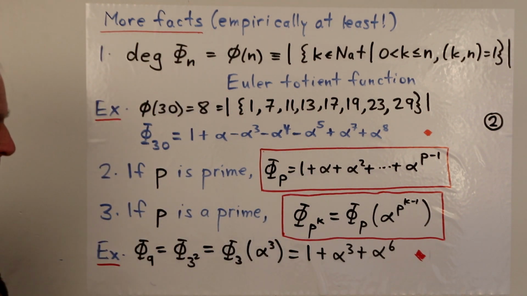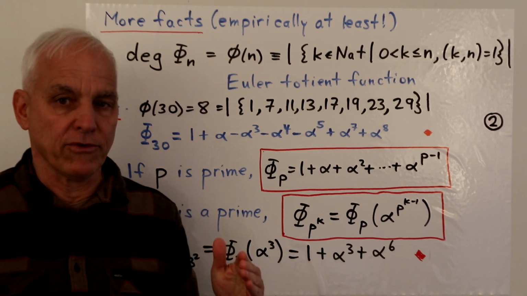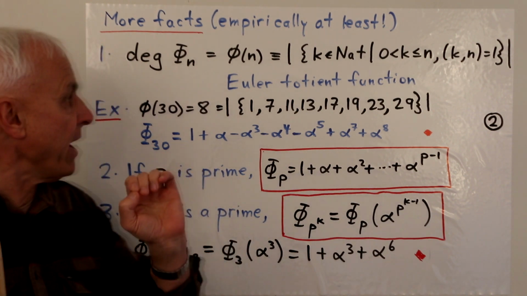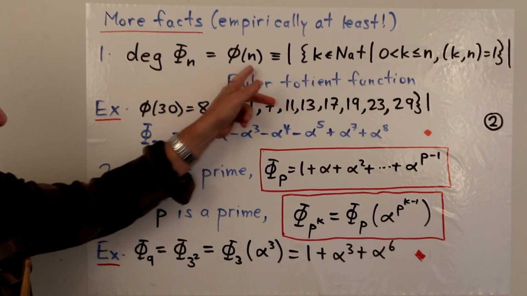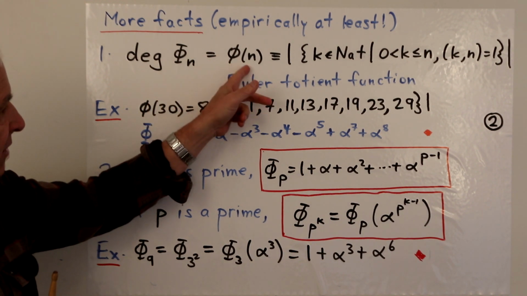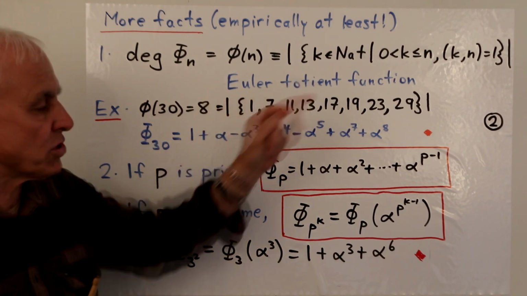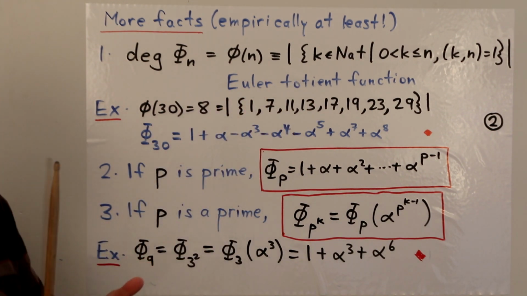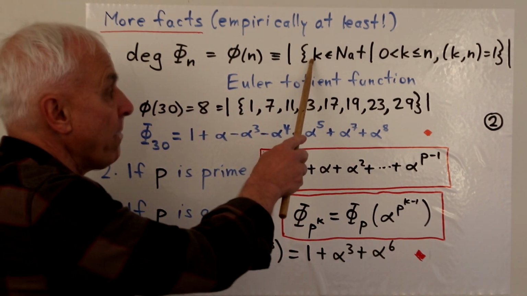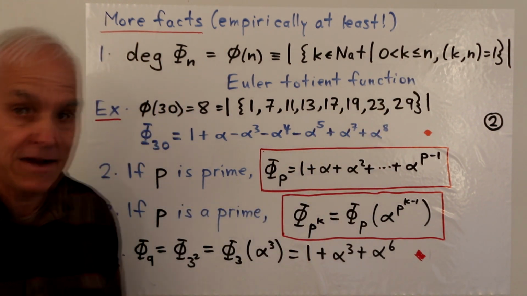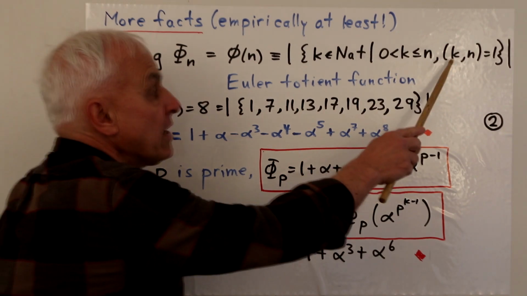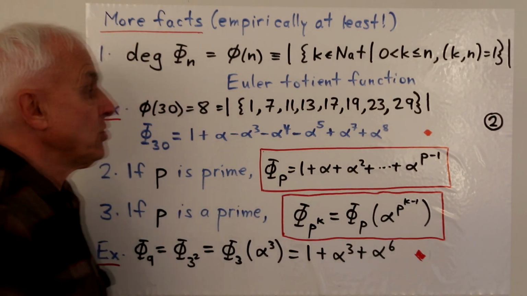So first of all, the degree of these polynumbers. The degree of phi sub n is actually phi of n, where this little phi of n is Euler's totient function. It counts the number of natural numbers which are less than or equal to n, and which are relatively prime to n.